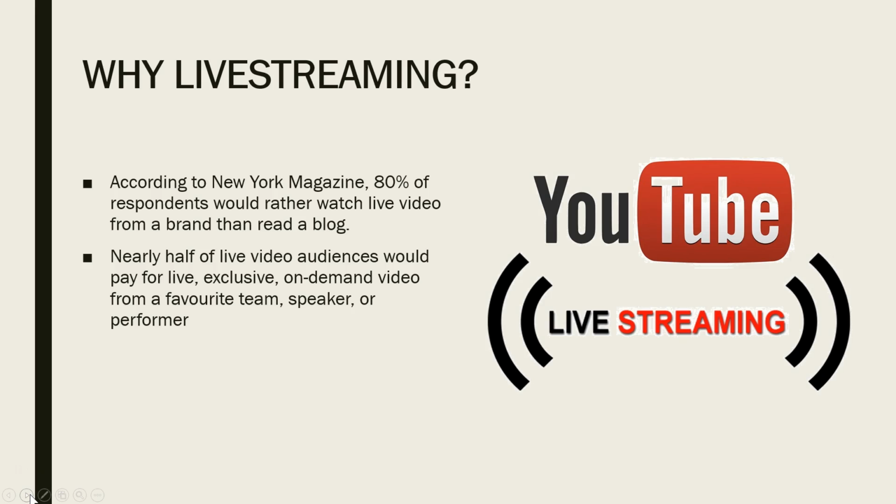Now, in this survey that New York Magazine did, they also found that nearly half of live video audiences would pay for live, exclusive, on-demand video from a favorite team, speaker, or performer. What we're finding right now is that back in the day, with cable TV, they would have pay-per-view events like the big boxing matches, when they had Mike Tyson and Evander Holyfield on.